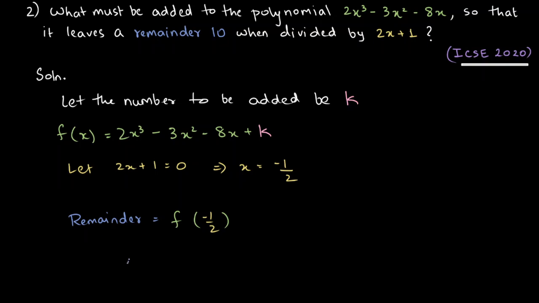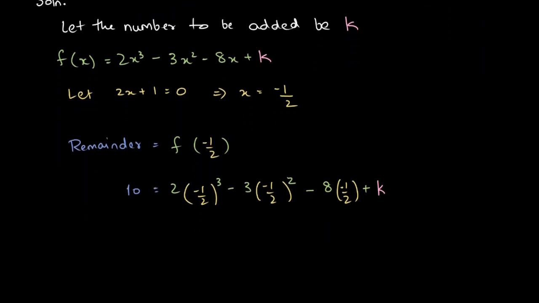So we know the value of the remainder, which is 10, should be equal to, now f of minus half, which is basically 2 into minus half raised to 3 minus 3 into minus half raised to 2 minus 8 into minus half, sorry, and finally we have a plus k. So here we have our equation with the only unknown value as k. On solving that equation, I should be able to find the value of k.